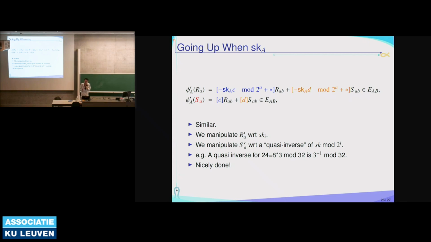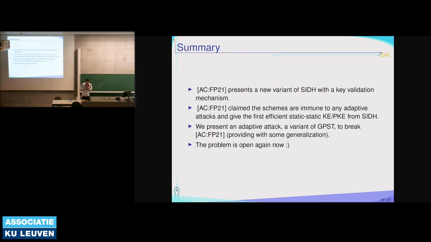So the mechanism not only slows down the SIDH protocol, but also gives no advantage in preventing adaptive attacks. So here we give a brief summary. At Asiacrypt last year, some people presented a new variant of SIDH with a key validation mechanism. The claimed schemes are immune to any adaptive attacks and give the first efficient static-to-static key exchange, or say public key encryption from SIDH.